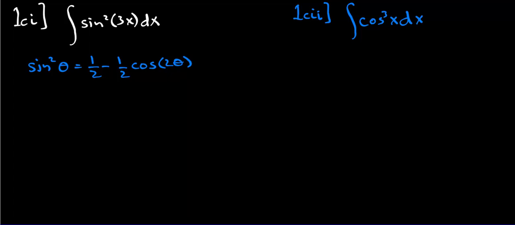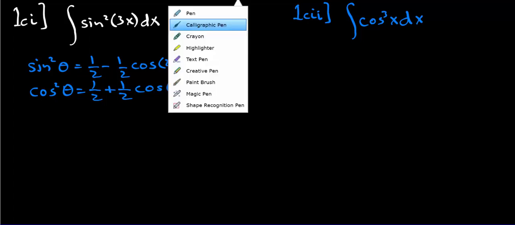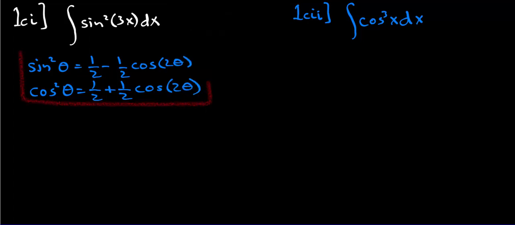Now that's in the case of sine. In the case of cosine, you get 1/2 plus 1/2 cosine 2 theta. This is what you keep in mind. You keep these power reducing formulas in mind.